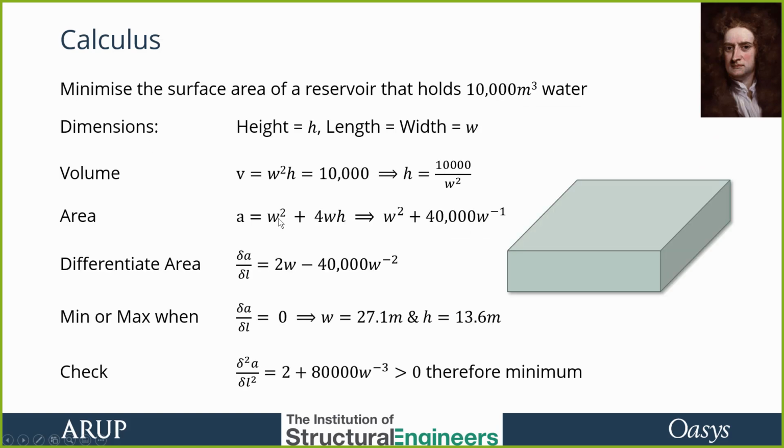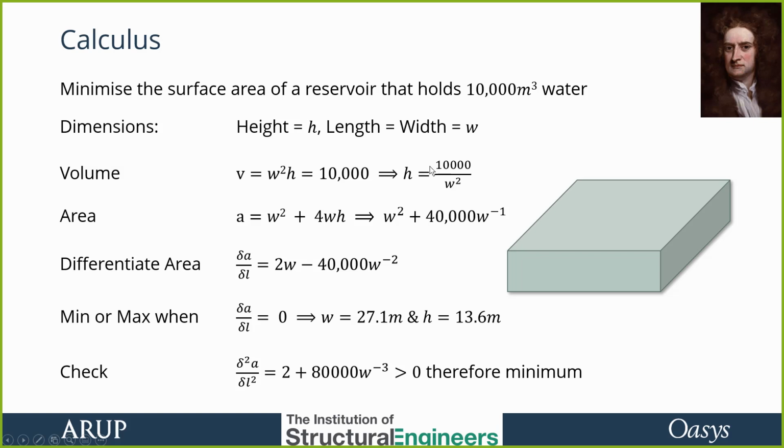And a more recent example: you want to build a reservoir. It holds 10,000 cubic meters of water. And we've got the height and the length and the width to play with. In this example, I'll say the length and the width are both going to be the same. So we can say the height is a function of the width, and we know the formula for the area.